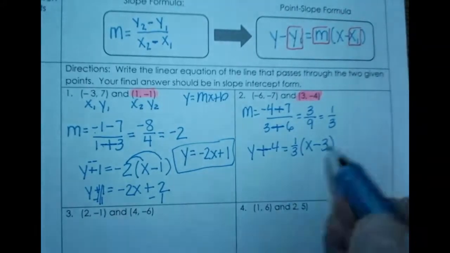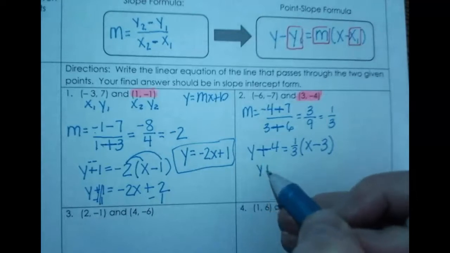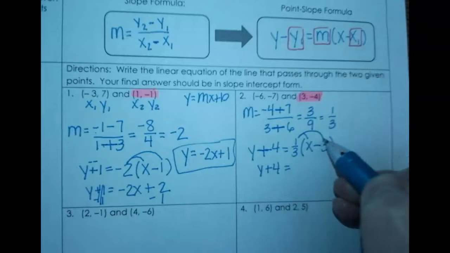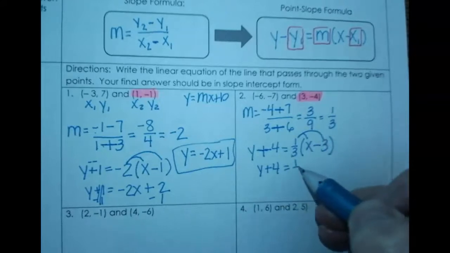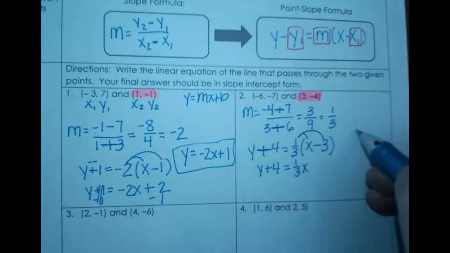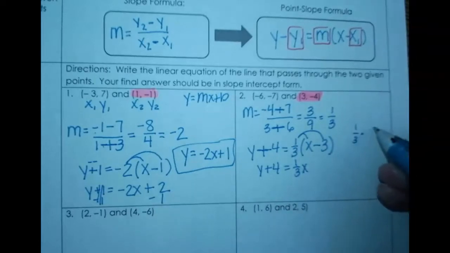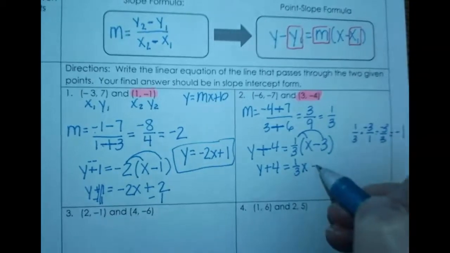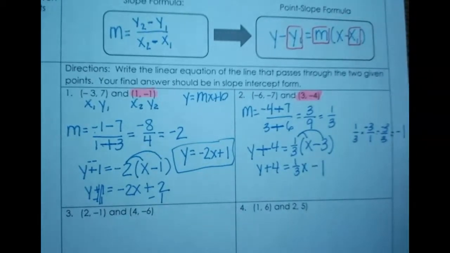Now we start simplifying and distributing. 1 plus 4, and you're going to distribute through: 1/3 times x is 1/3 x. Now, 1/3 times negative 3, so 1/3 times negative 3 over 1, and I end up with negative 3 over 3, which is negative 1.